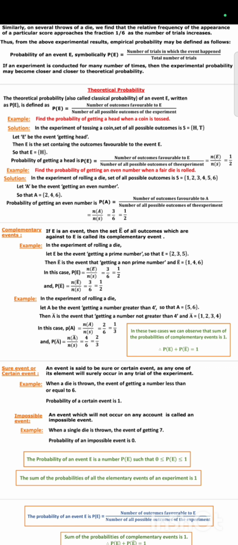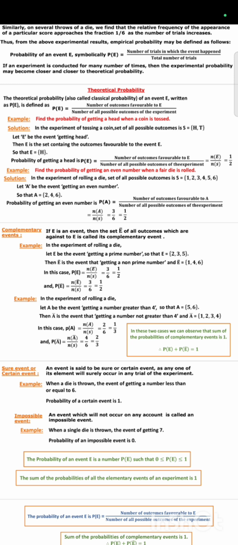Okay, one example: here we are going to toss a coin. S stands for what we just discussed, the sample space. The possible outcomes are H comma T, head or tail. Now let E be the event of getting a head, which we are expecting in this example. Then E is the set containing the outcomes favorable to the event E, so E is equal to {H}.